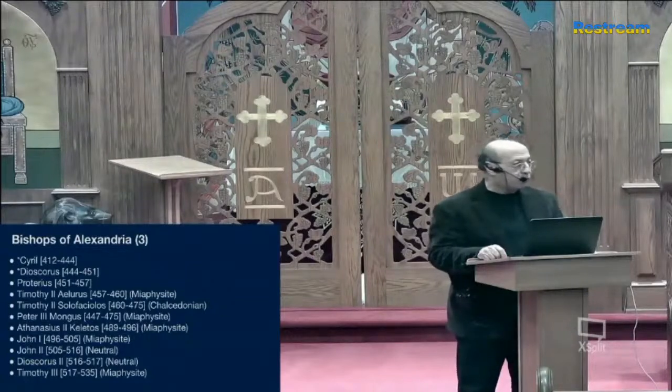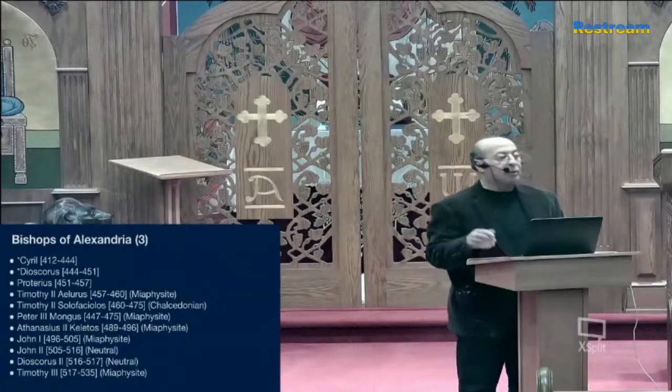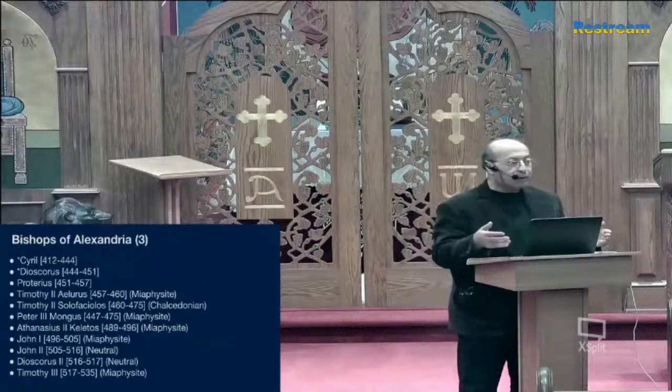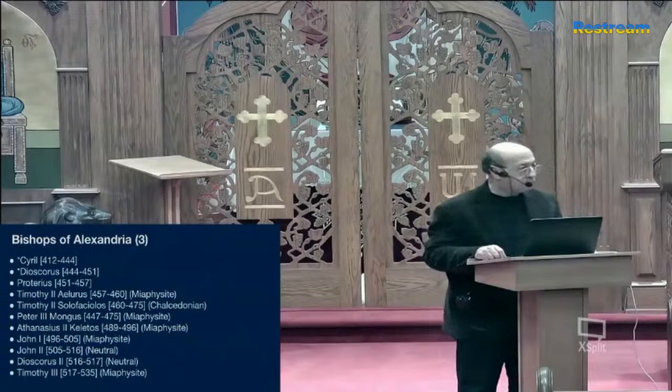The Miaphysites believed in one nature, and the Chalcedonian Council disputed it. But when you look really at the details of the ideology of the Miaphysites and the Chalcedonians, and you think about it yourself, you will find out that there is no difference, because the difference cannot be comprehended.